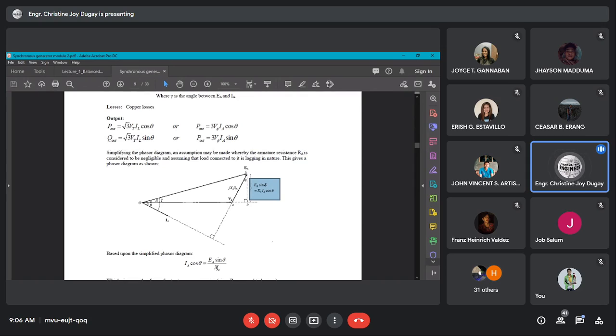So EA natin sine of the sigma over the XS. Ayan, from this equation alone. Galing siya yung EA po natin, sine of gamma, since they are adjacent.